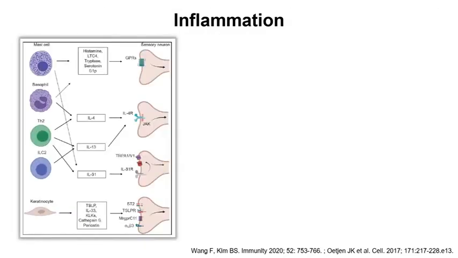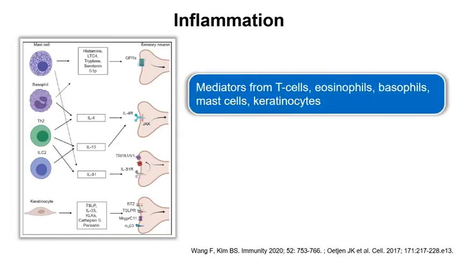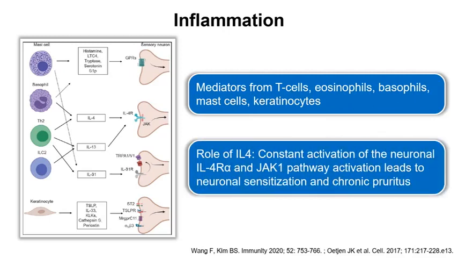Yeah, what is very interesting is the work from Brian Kim's lab. He detected that interleukin 4, by binding to its receptor, the interleukin 4 receptor, is an important inductor of chronic pruritus, because this pathway, when it's continuously activated, sensitizes the nerve fiber.